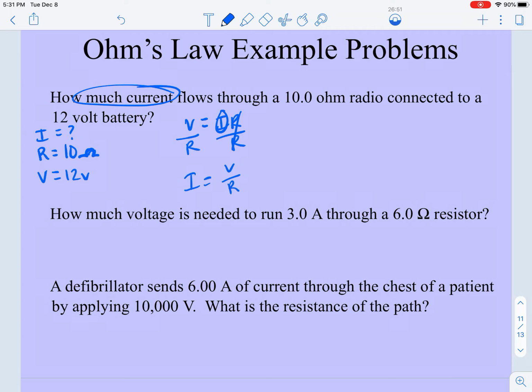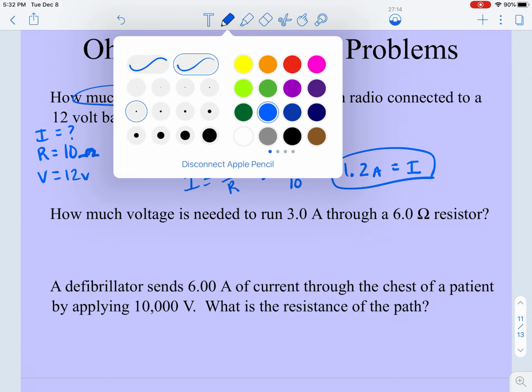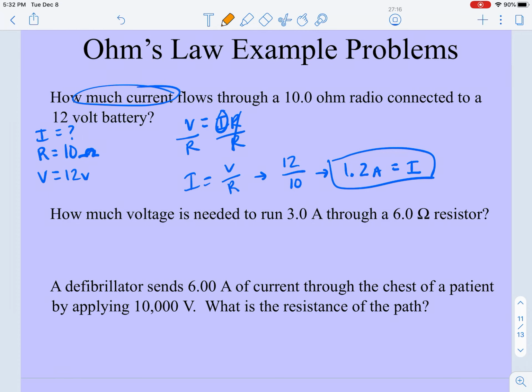So my formula is V equals IR. In this question, they are asking us for I. So I am going to calculate my current by taking the voltage divided by the resistance. So 12 volts divided by 10 ohms is going to give me 1.2. And our unit here for current, remember, is amps.